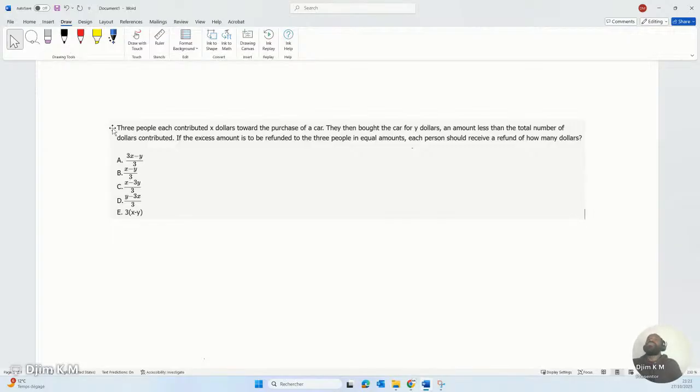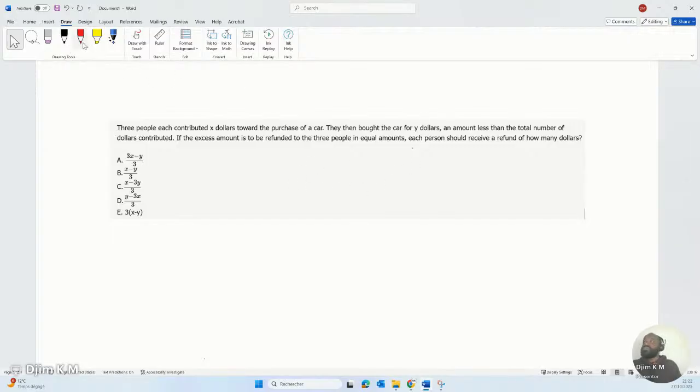They then bought the car for Y dollars, an amount less than the total number of dollars contributed. If the excess amount is to be refunded to the three people in equal amounts, each person should receive a refund of how many dollars?